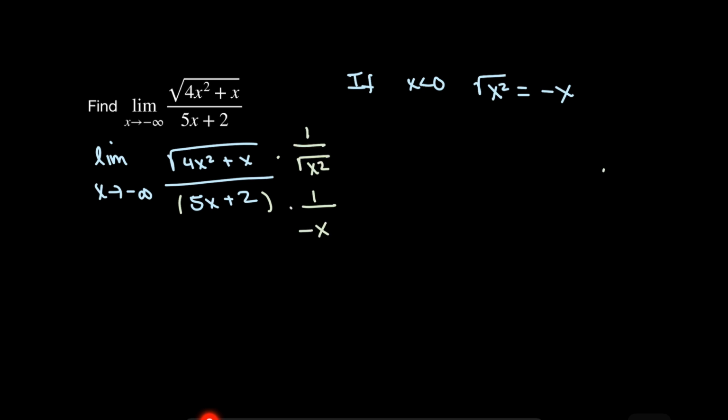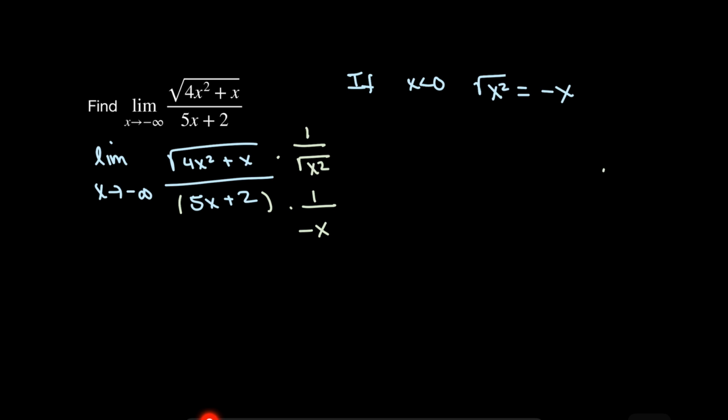All right, so what that means is if I want to replace that x with square root of x squared, to make sure I'm doing the same thing to the denominator, I really need to divide by negative x. Square root of x squared and negative x are the exact same thing.